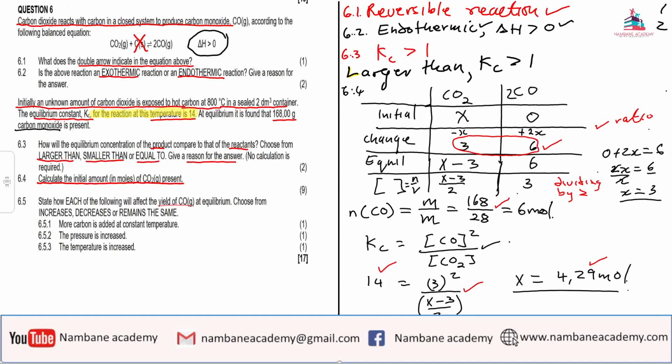We said now carbon is a solid there. It was given as a solid. Let me just maybe remove it there. So we said now only concentration, temperature, and pressure can affect the yield, can shift the equilibrium.